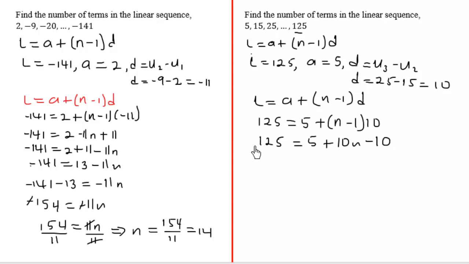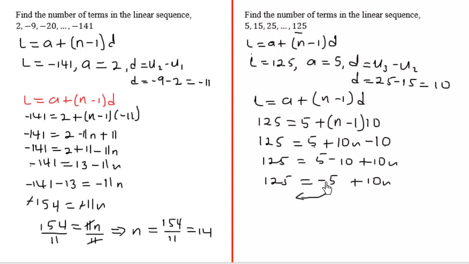Alright, so we group like terms, or let's add the 5 and the negative 10. So 125 is equal to 5 minus 10 plus 10n. Now 5 minus 10 gives us negative 5 plus 10n. So we're going to bring the negative 5 to the other side. But remember, whenever a number crosses the equal sign, the sign changes.